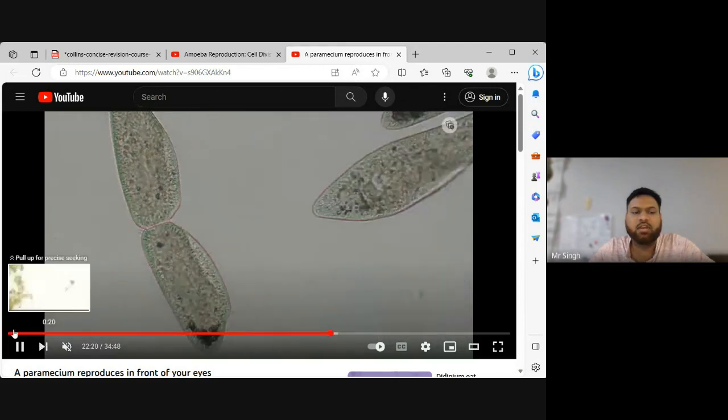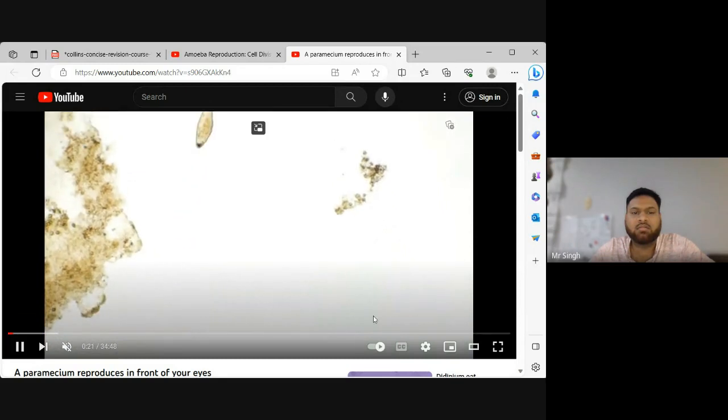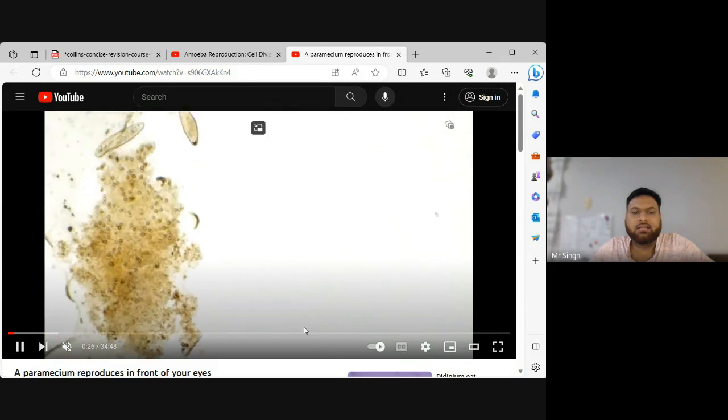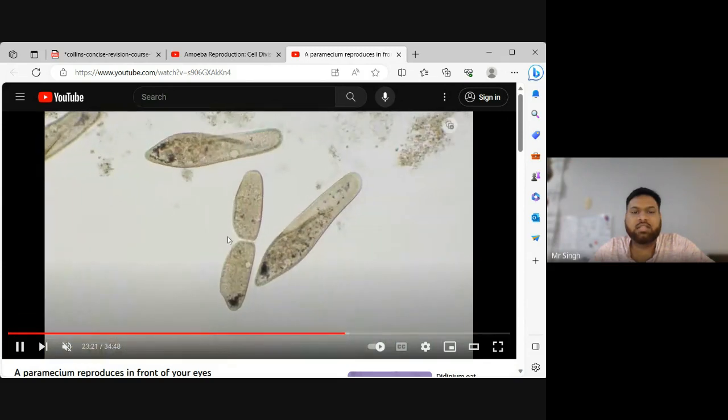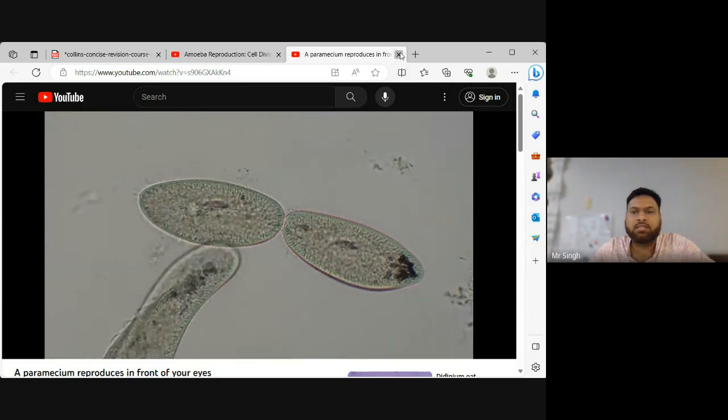It started off as this one cell. One cell splits into two cells by the time you reach here. All right, there's our next one.